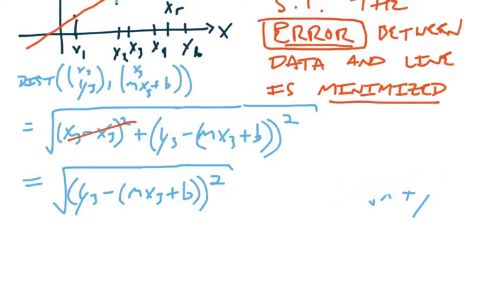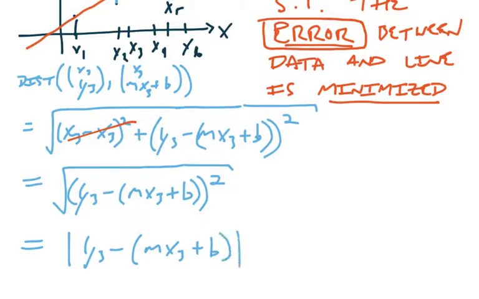Right, so we've already seen what happens in this case, right? We've got the square root of a quantity squared, and so this just turns into the absolute value of y3 minus mx3 plus b, like that.